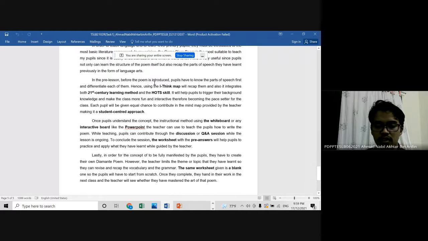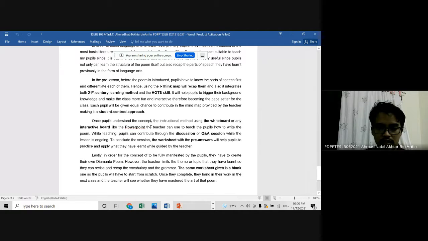They think of other nouns, verbs, and adjectives that they have learned or read somewhere else. And this activity, the mind mapping in the pre-lesson, is also a student-centered approach, because the teacher is making the students think about what they know about the parts of speech.